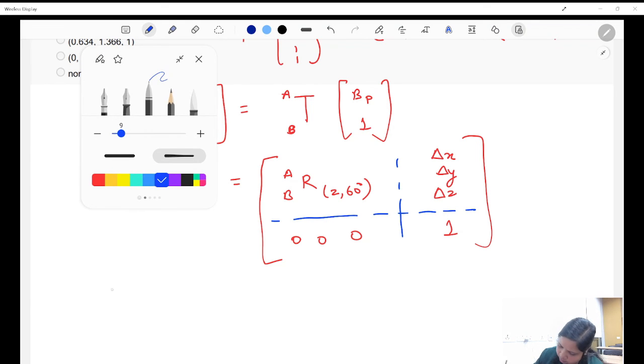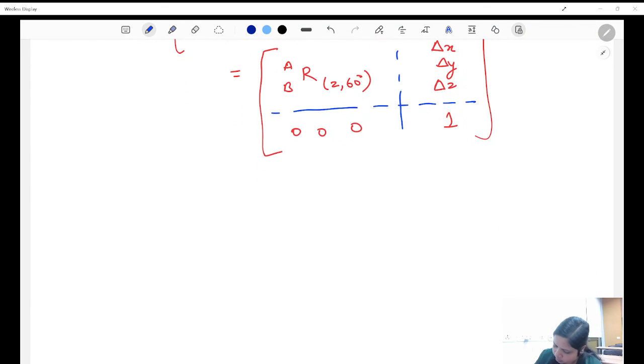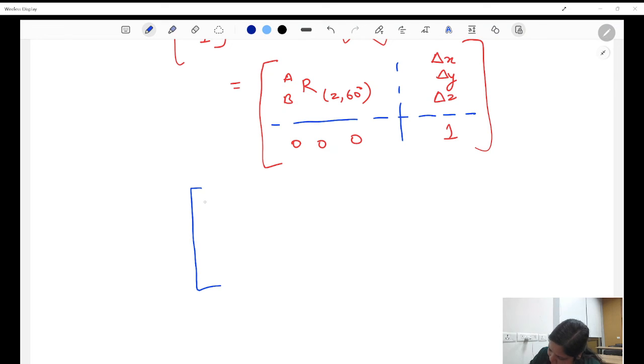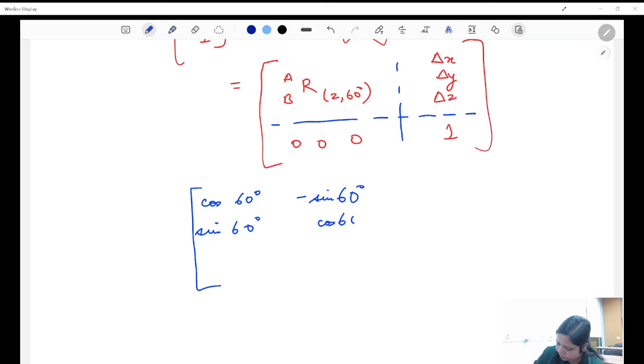Okay. Now you can write the values here. If you write the rotation matrix, it is cos 60 degree, minus sine 60 degree, sine 60 degree, cos 60 degree, 0, 0, here it is 1, here it is 0, here it is 0.